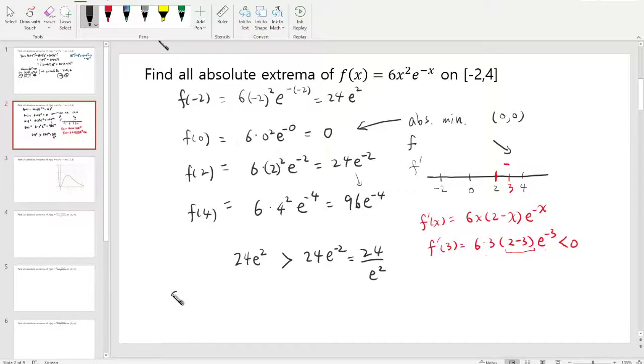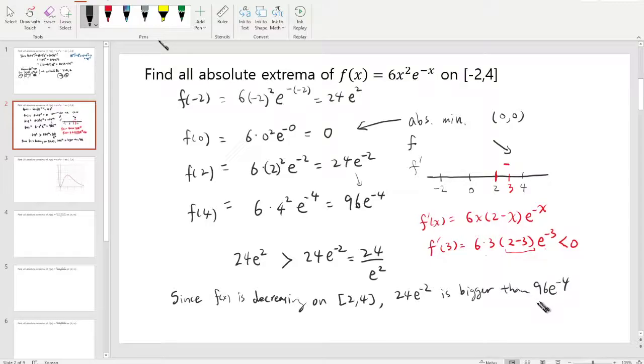Okay. Since f of x is decreasing on 2, 4, 24e to the negative 2 is bigger than 96e to the negative 4, because this should be the higher value.